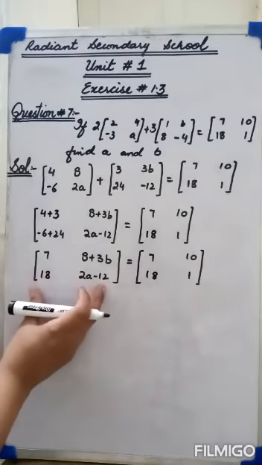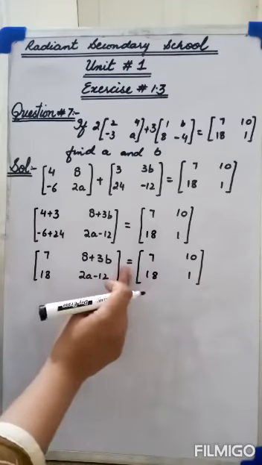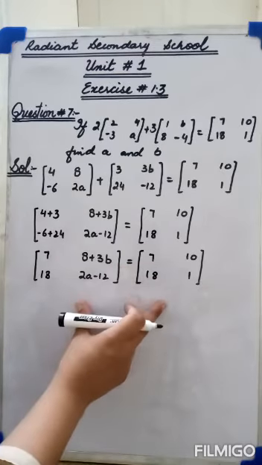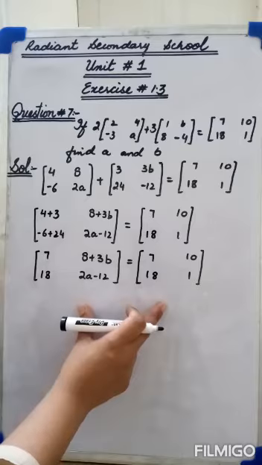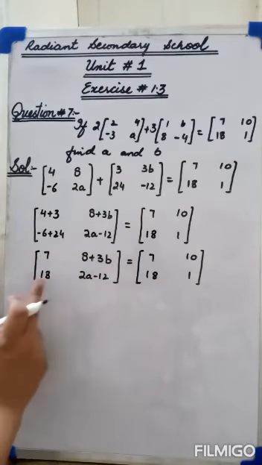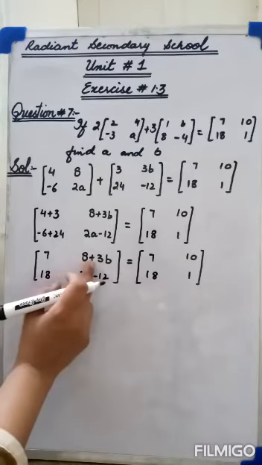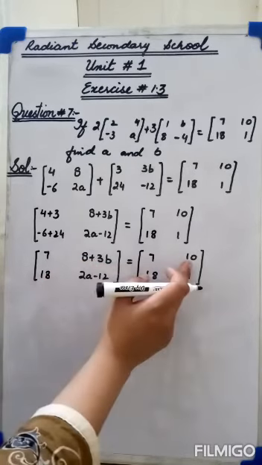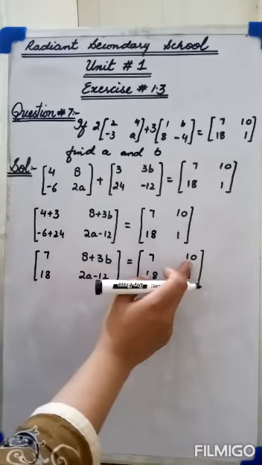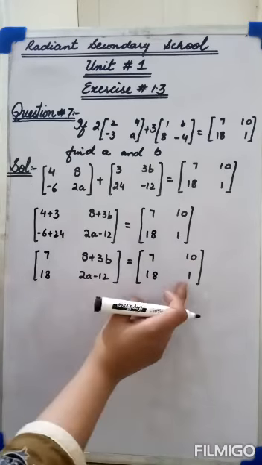Now we have a single matrix which equals this matrix. As there is a sign of equality between these two matrices, we can say their corresponding entries are the same. You can see 7 equals 7, 18 equals 18. These are the variables. So 8 plus 3b will equal 10. From here we will find the value of b. And 2a minus 12 will equal 1.